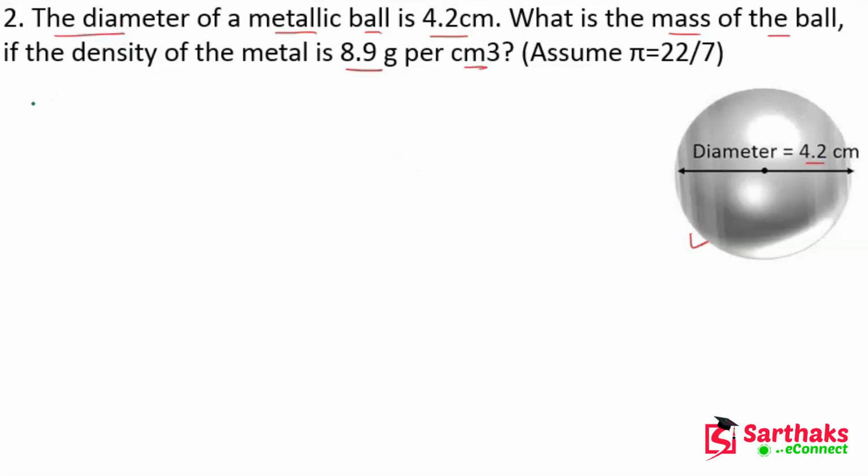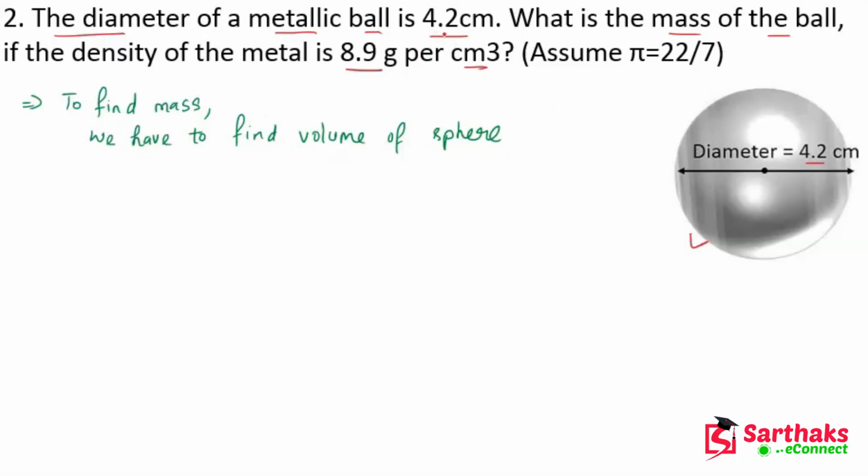To find the mass, first of all we have to find the volume of the sphere. For that, we have the diameter, which is 4.2. So the radius of the sphere, r, is equal to diameter upon 2.